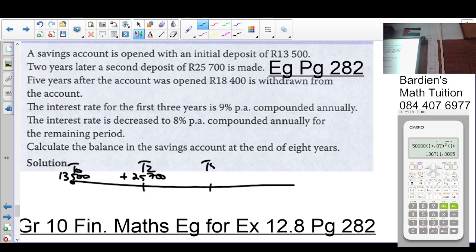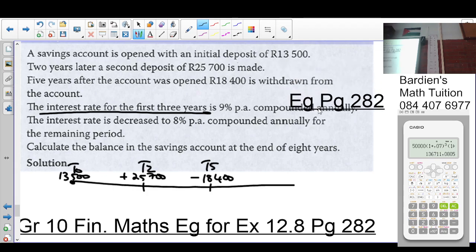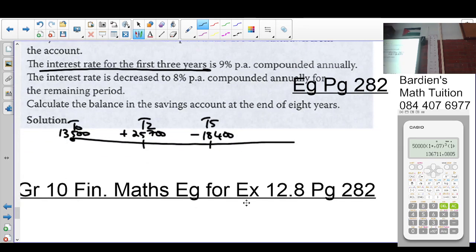So it's T5. 18,400 rand is withdrawn. Minus 18,400. The interest rate for the first 3 years, so that takes you to when? T3 years.